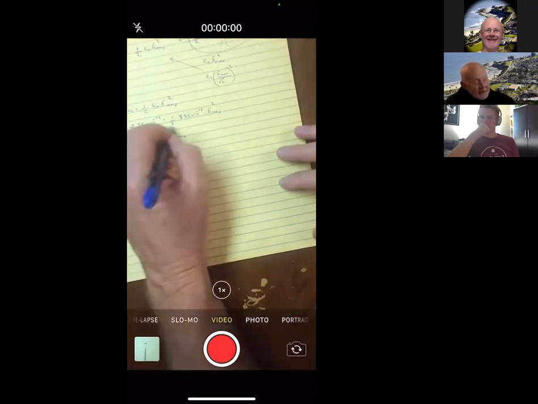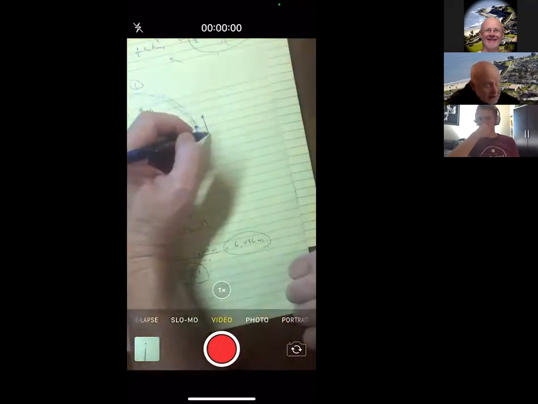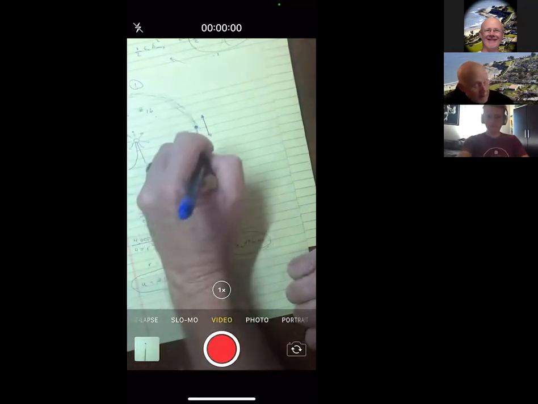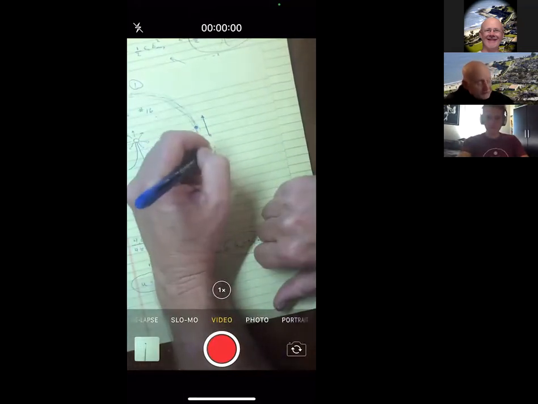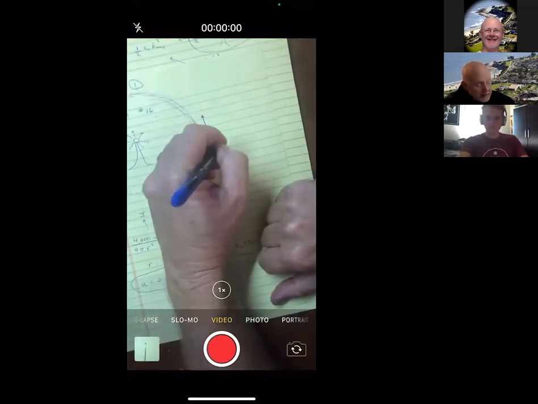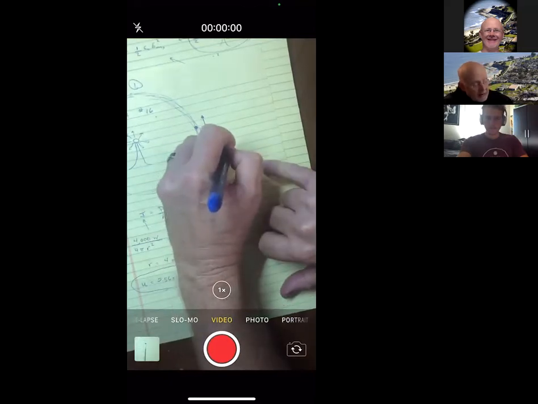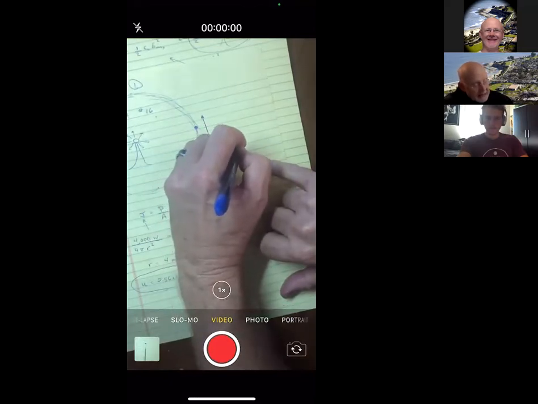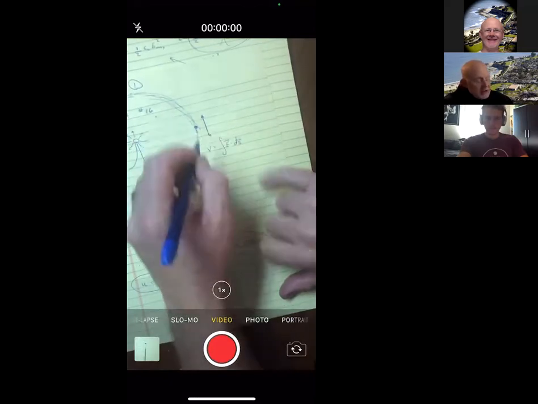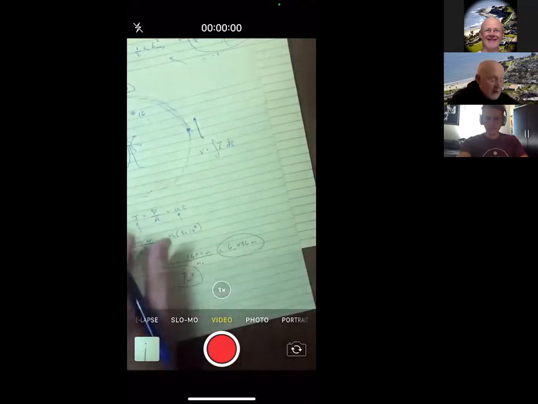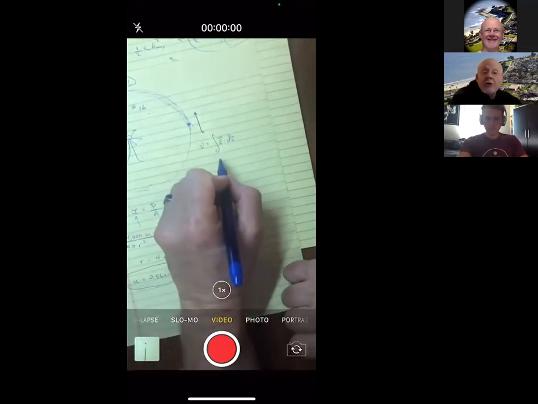Now, the last step is to say, if this is the electric field, remember that the voltage is this integral of E dot ds. And so the voltage is the summation of the electric field. This is our chapter 25.